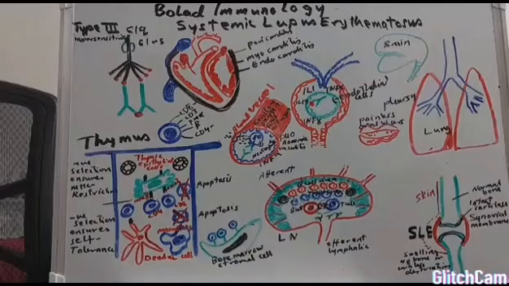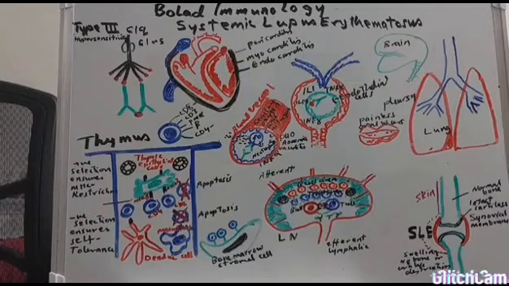So positive and negative selection of thymocytes result in mature T cells that are both self-MHC restricted and self-tolerant.